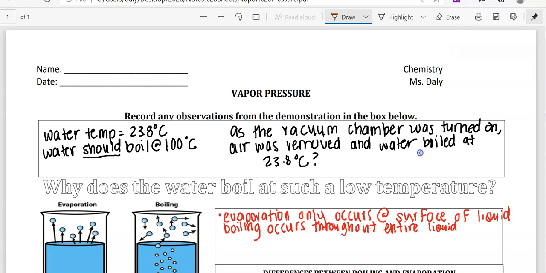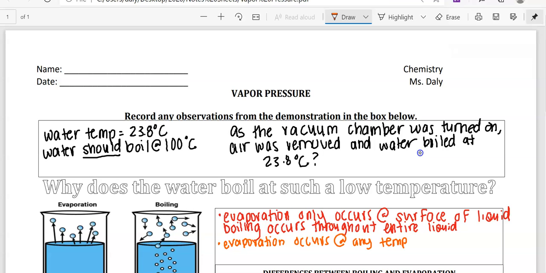Evaporation can occur at any temperature. So, for example, like I just mentioned, if I were to leave a glass of water out for a couple nights on my nightstand, we might end up seeing the amount of that water decrease, even though we aren't actually heating it to 100 degrees Celsius.